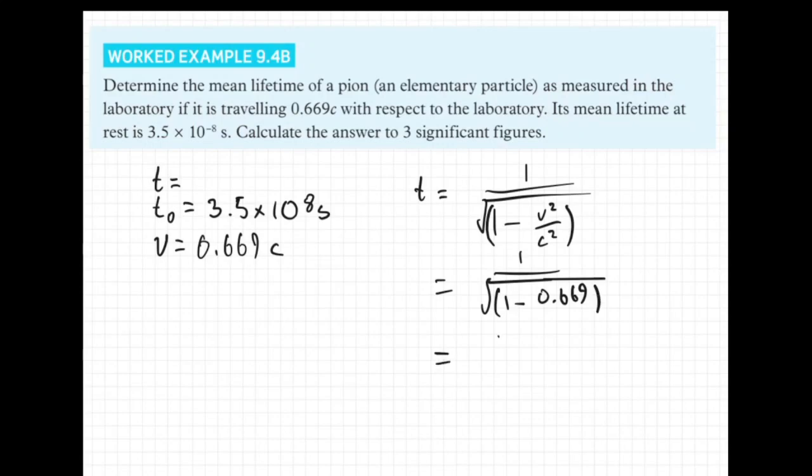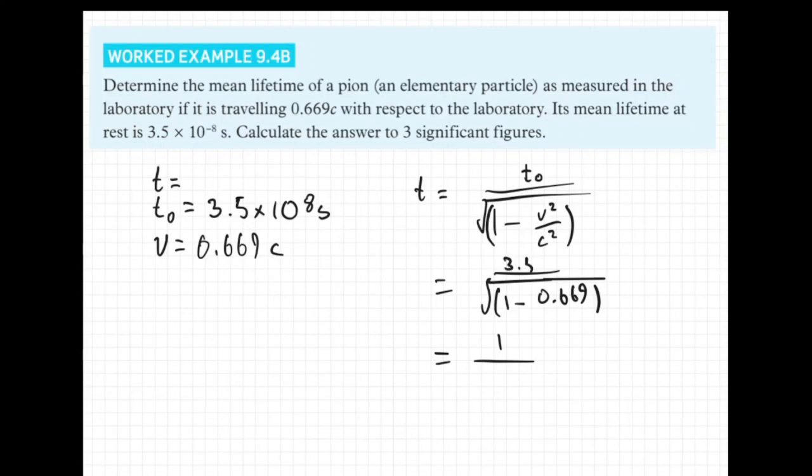Okay, so that equals 1 over the square root of 0.321. Oh, squared. Oh, so T0. Yeah, sorry. Let me sub T0 in on that second line.